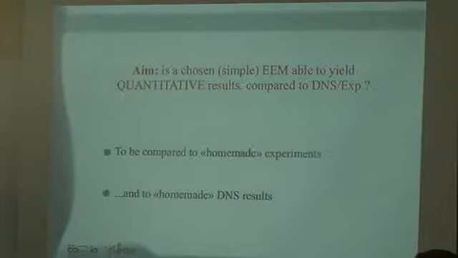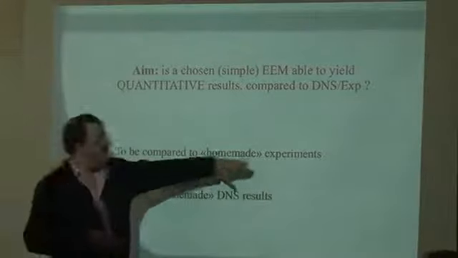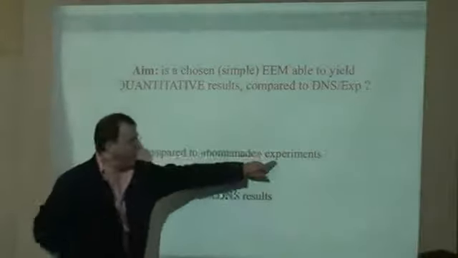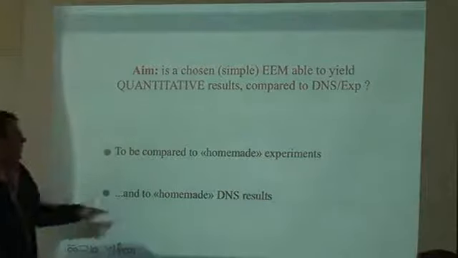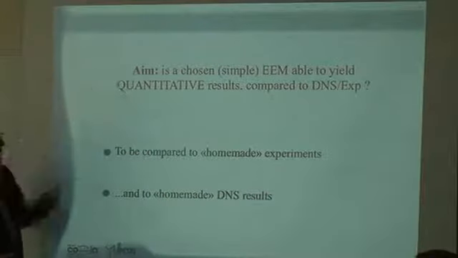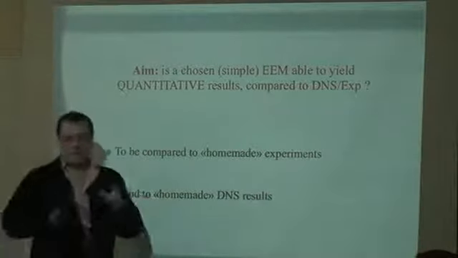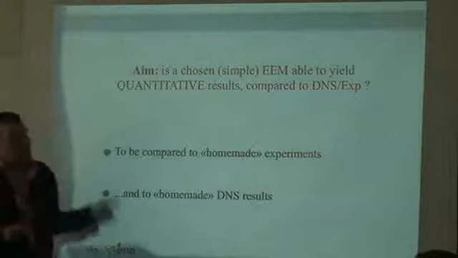We will see that it's not so simple. Experimentalists do not agree every time. So it's much more difficult to say which is correct, which is not correct. So with homemade experiments, we can interact with experimentalists, and also compare these EM results to DNS results, and we can compare all three of them.